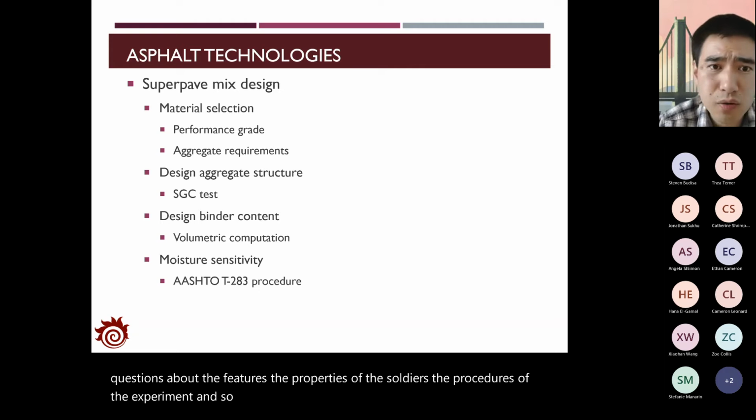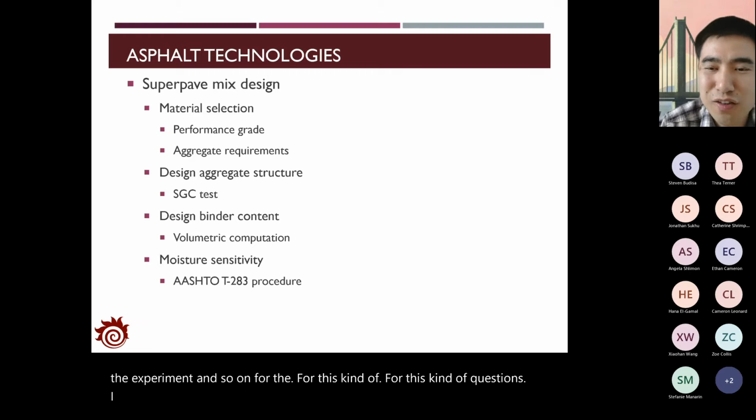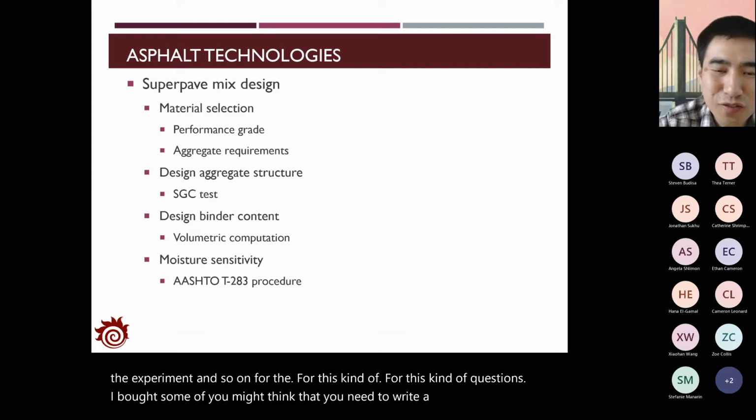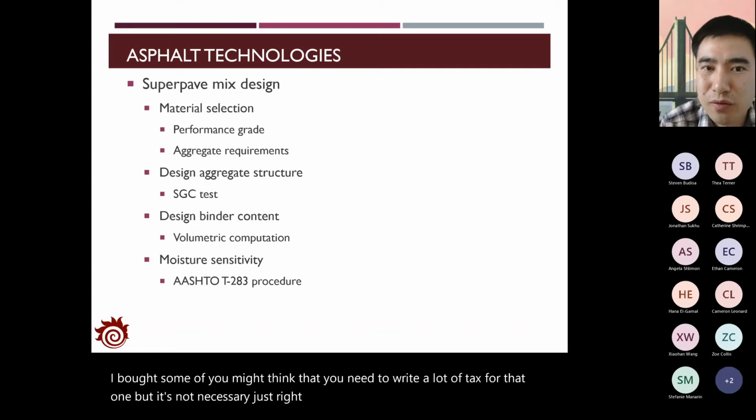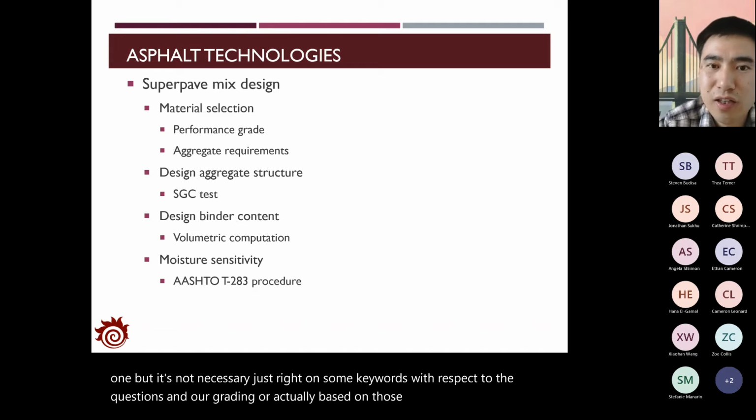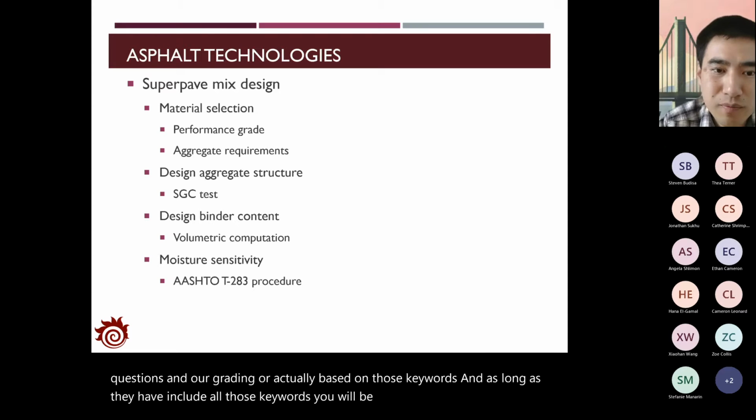For this kind of questions, some of you might think that you need to write a lot of text, but it's not necessary. Just write down some keywords with respect to the questions, and our grading will actually be based on those keywords. As long as you have included all those keywords, you will get the full marks.